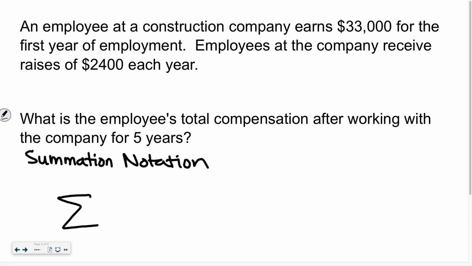Oh, so you can do whatever 33 minus 33. The issue is because that's how much they get their first year plus their... So I guess so.